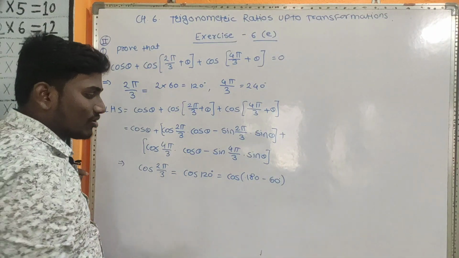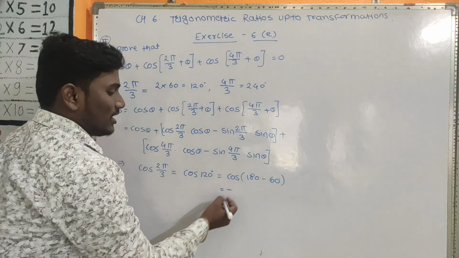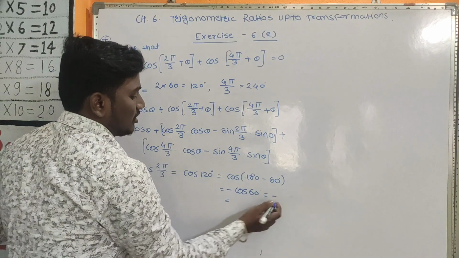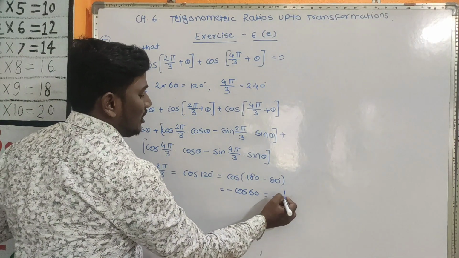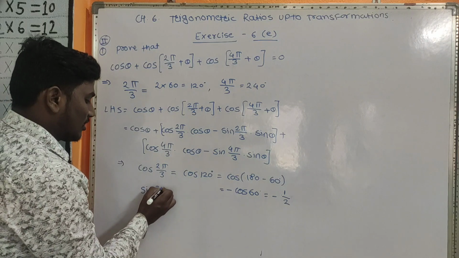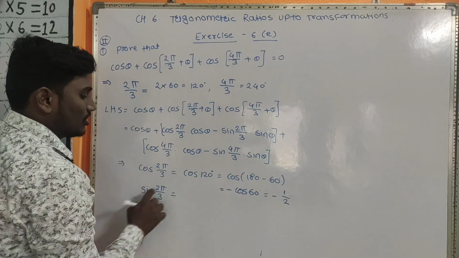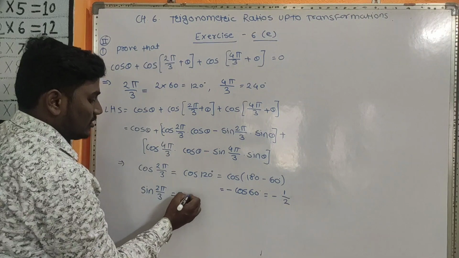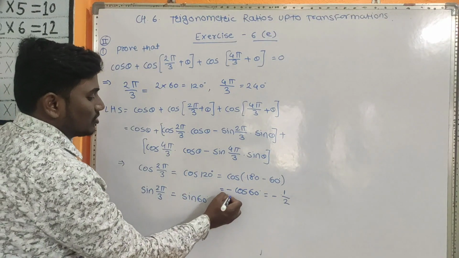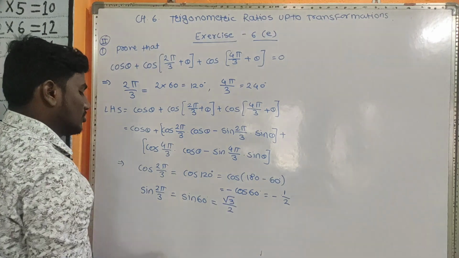Which quadrant? Second quadrant. Cos is negative, so minus cos 60 degree, which is minus 1 by 2. Similarly you can find sin 2 pi by 3. We get the same sin 60 degree. In the second quadrant sin is positive, therefore root 3 by 2.